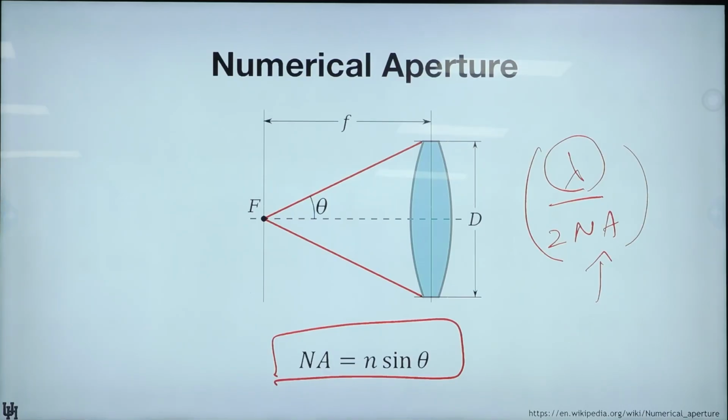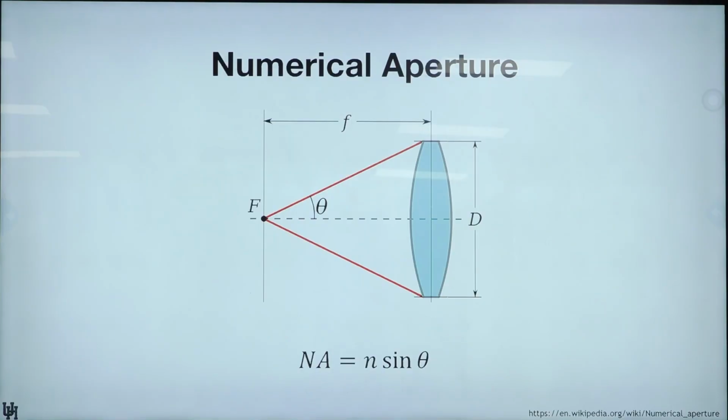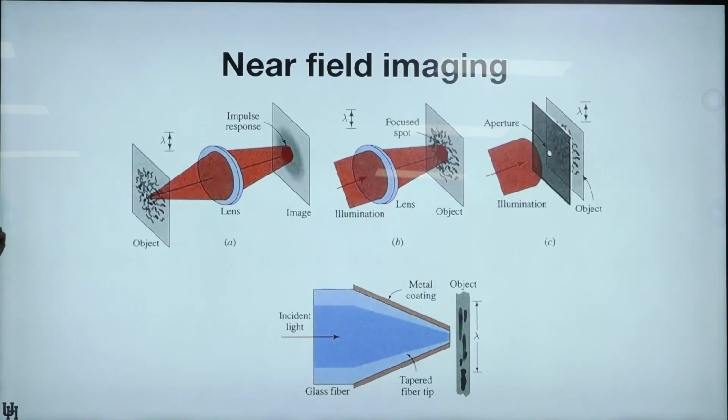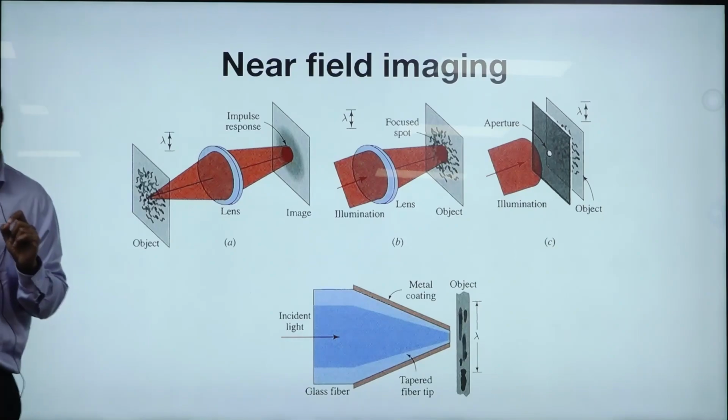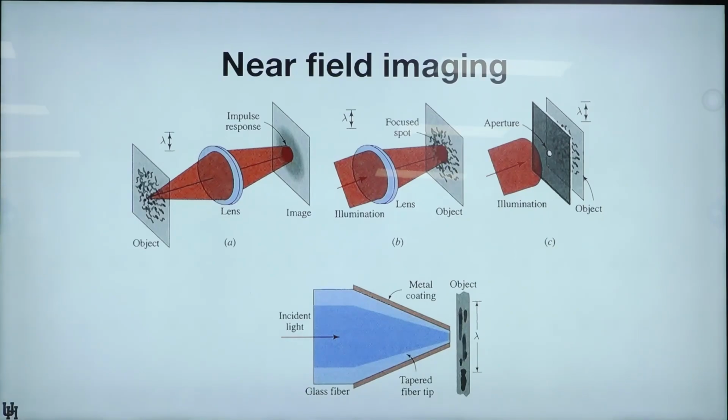Those are the two considerations. This is called the diffraction limit of your imaging system. But what if you want to see things smaller? You could do that, using what is called near field imaging.